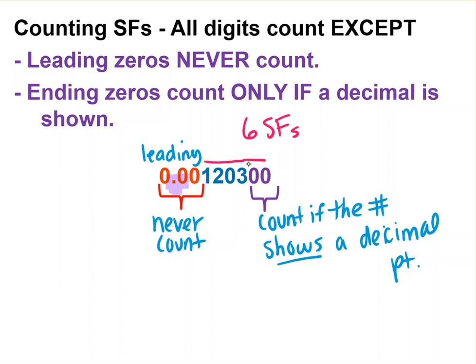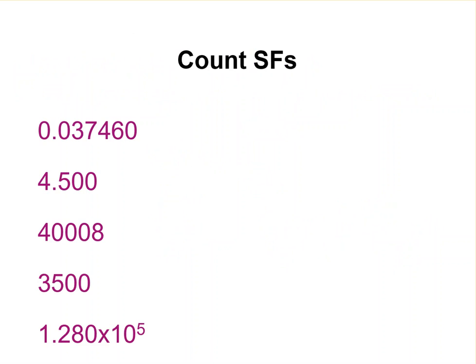Notice I put a line over the numbers to show that those digits are significant. So let's do some practice. Let's go through each one and identify the sig figs and give the reasoning. So these are all measured numbers that have one digit that is estimated, but we need to look and use our rules to count.